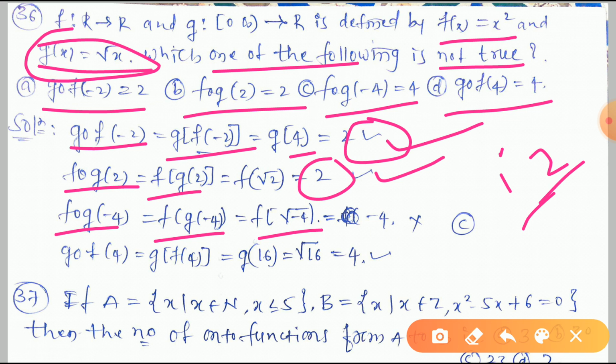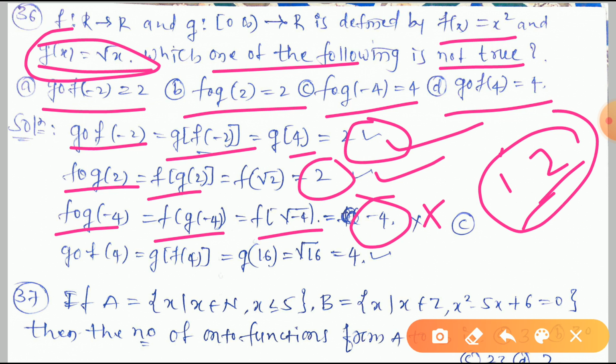Here this is not a real number, this is a complex number, imaginary. Then f of x is equal to x square gives minus 4, therefore f composition g of minus 4 is equal to minus 4. This is not true.